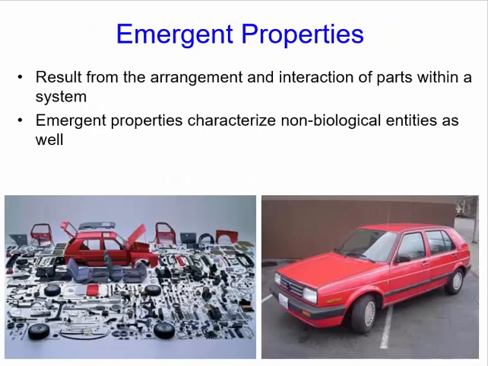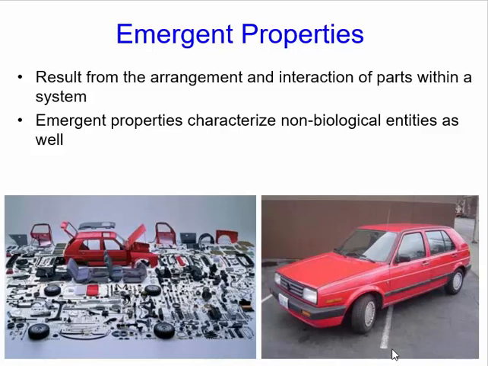And if you didn't review the slides from lecture 1, the ones that I posted, but we didn't have time to go over in class, here's this idea of emergent properties. Again, this idea that the sum is greater than just the individual parts, right? So take a car. If you take all the parts and look at them individually, that's all very interesting, of course. But this jumble of stuff doesn't do much.